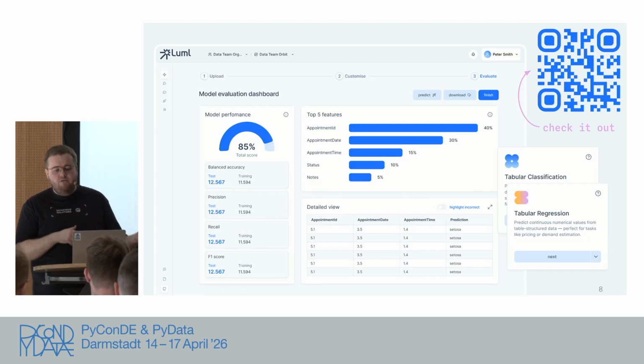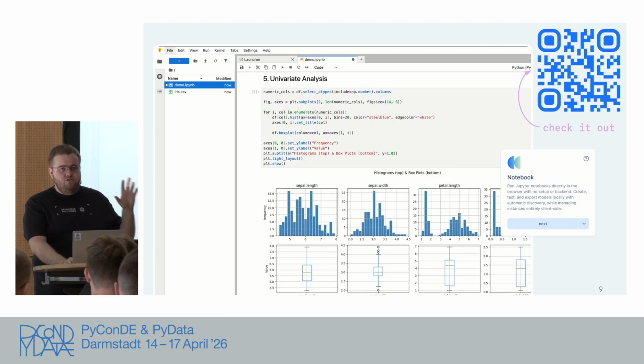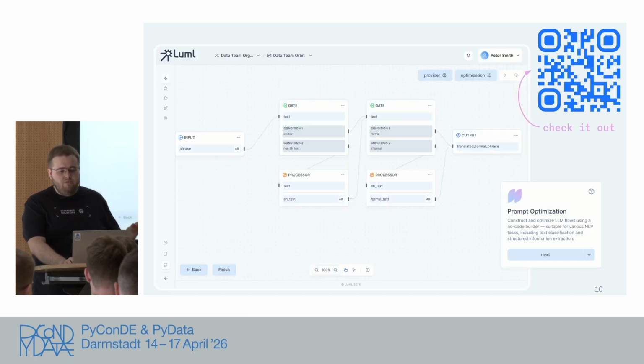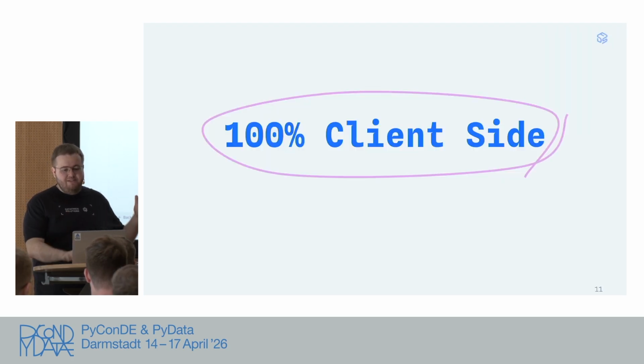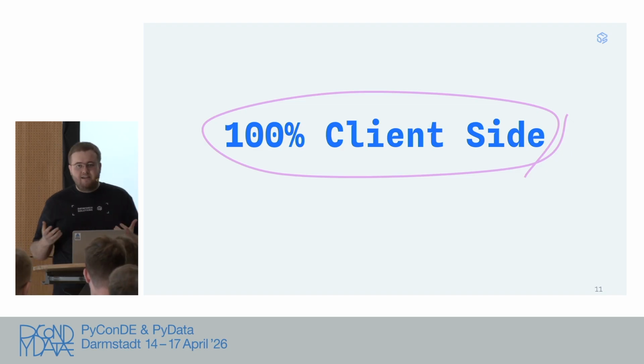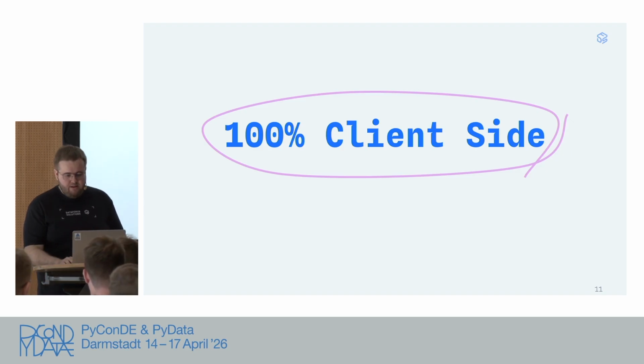For example, we have a no-code interface to train tabular models in the AutoML fashion. We have JupyterLab instances. We have a no-code builder that allows you to define an LLM chain and automatically optimize the prompts, and so on. But as you might have guessed, this all works 100% on the client side using the tech stack we are going to talk about today.